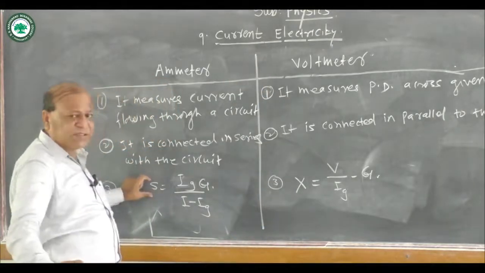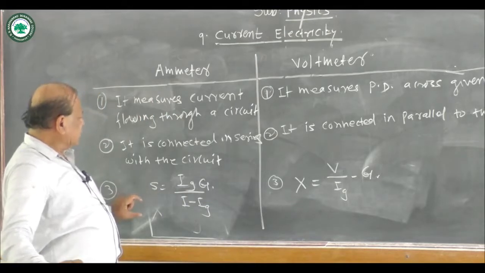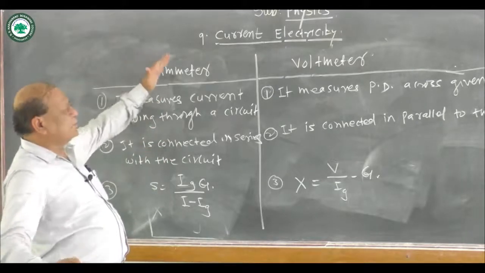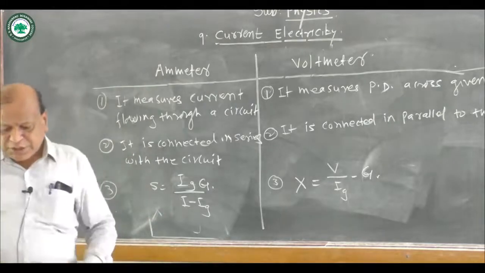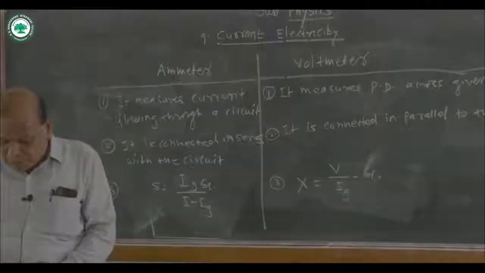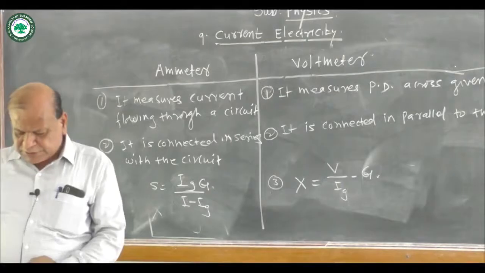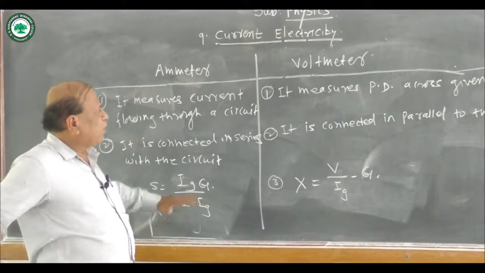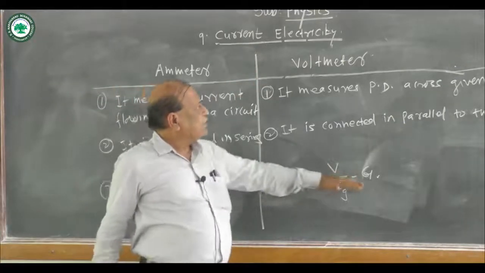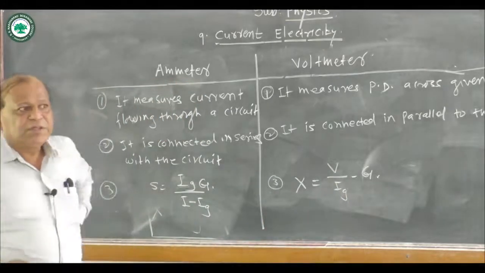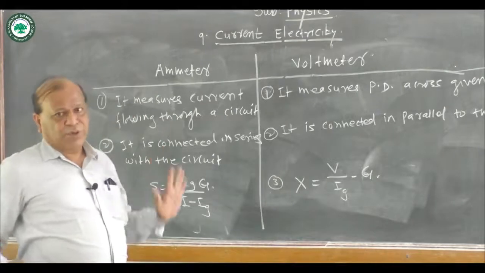Here the value of S, a small resistance which is connected in parallel to the moving coil galvanometer, then it becomes an ammeter. Next point, for the ammeter, the value of shunt resistance is less than G. Here the value of this resistance is greater than G. In this way we can distinguish the ammeter and voltmeter.